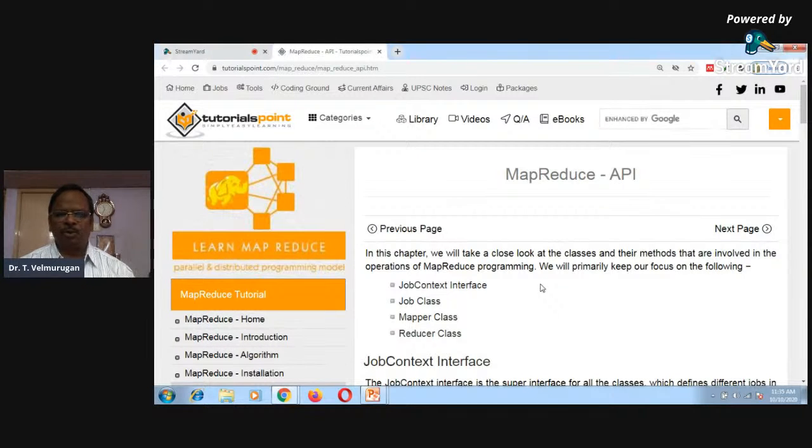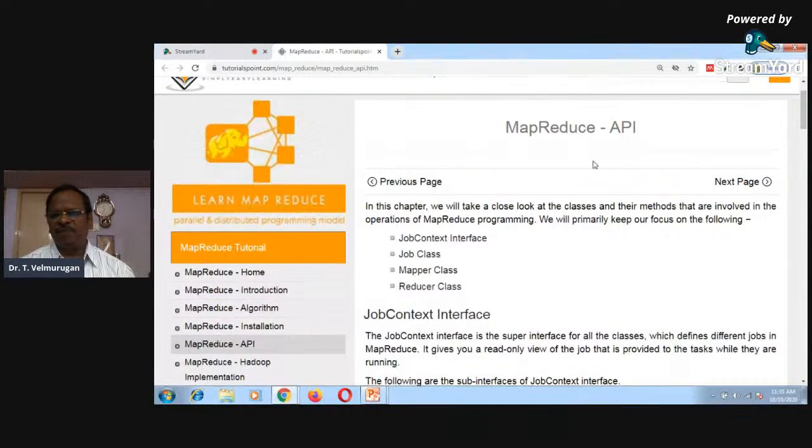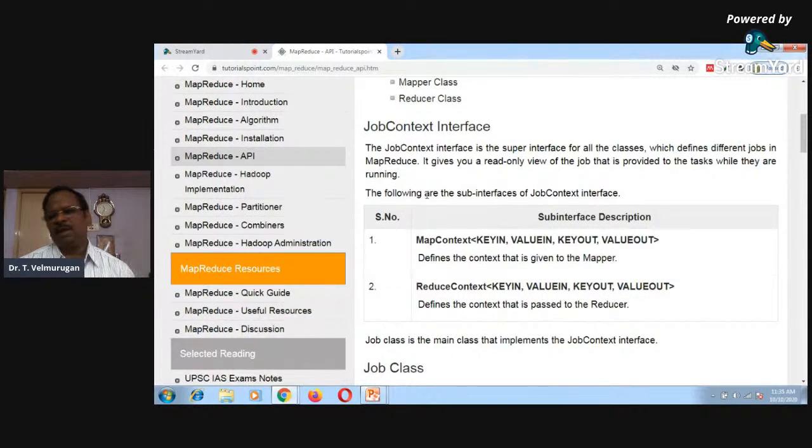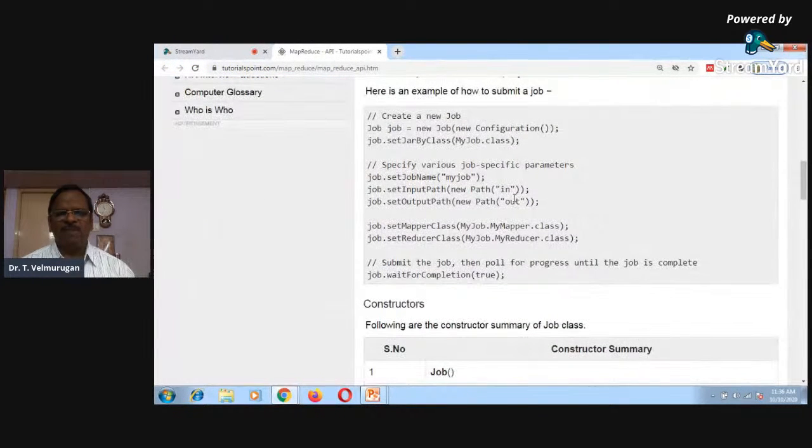There are four API classes available. We will take a close look at the classes and their methods involved in MapReduce programming. These are the four operations effectively utilized in the MapReduce API, and all of them are clearly explained on this site. We can visit the site and identify the use of the JobContext interface and the Job class. We have to write source code for all these operations.